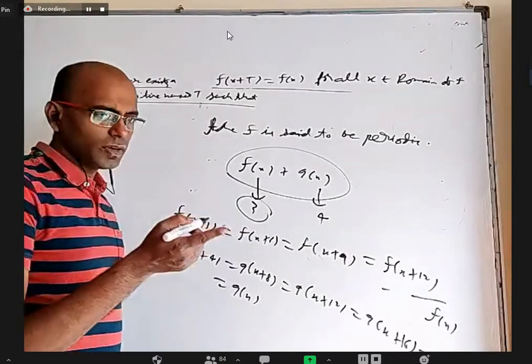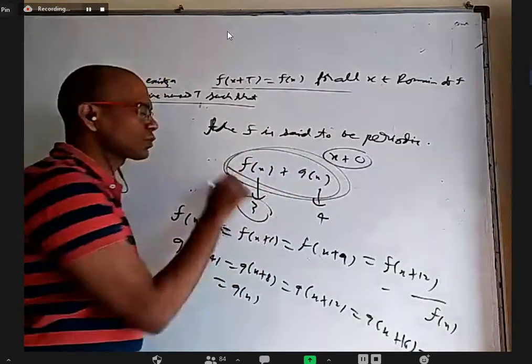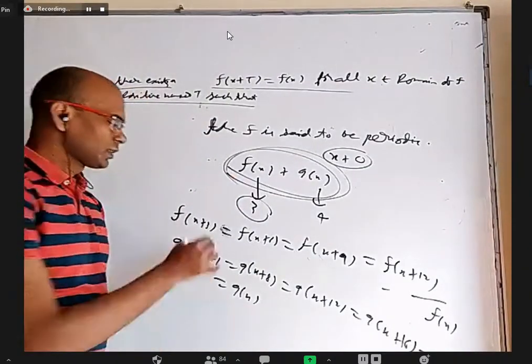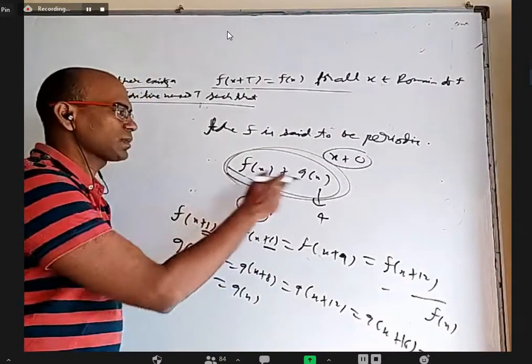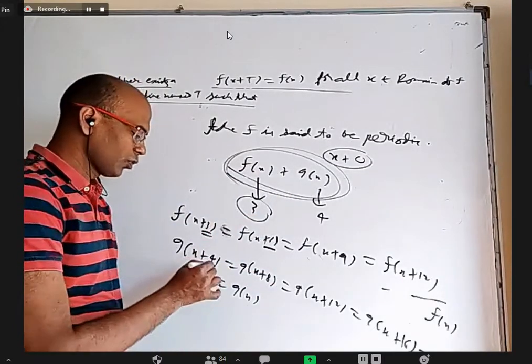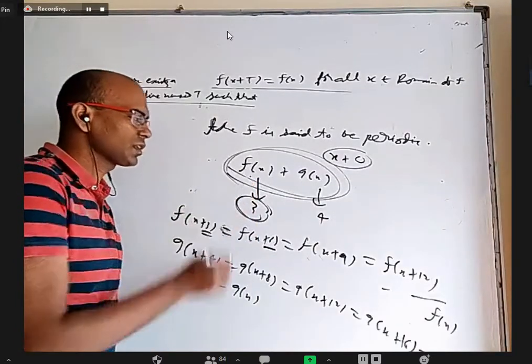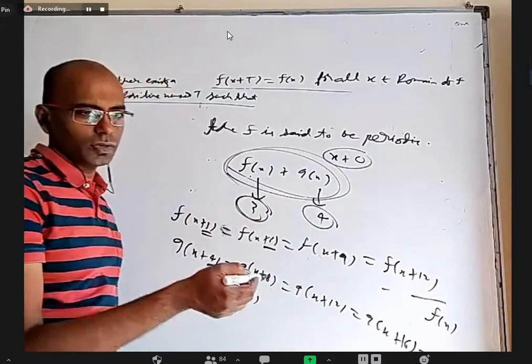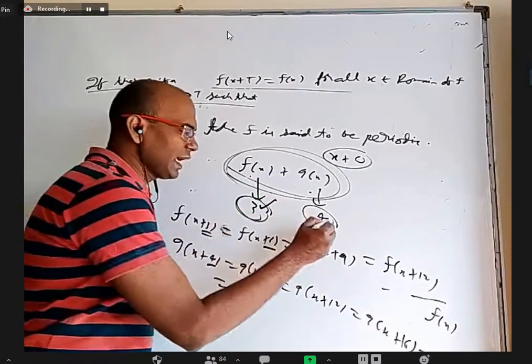But I am looking for one number. When I replace x with x plus that number, this total should not change. 3 is okay for f but not okay for g. 6 is okay for this but not okay for this. 4 is okay for this but not okay for this. Basically, any multiple of 3 is okay for this, any multiple of 4 is okay for this. So if you want something okay for both, it must be a multiple of 3 and a multiple of 4.